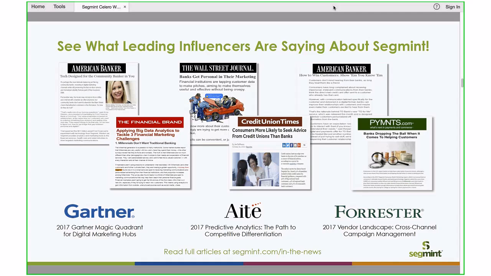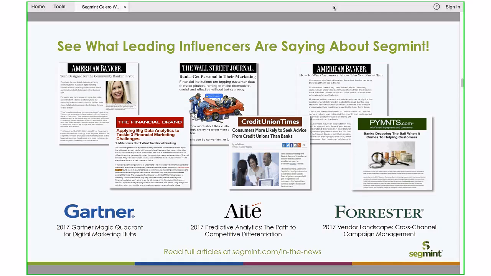What you see on screen is a quick view of some recent publications and coverage about Segment from some industry influencers. One of the most recent, front and center in the top middle, is from the Wall Street Journal. It discusses how financial institutions of all types are using their first-party data to get personalized with the messages they deliver to their members and customers.